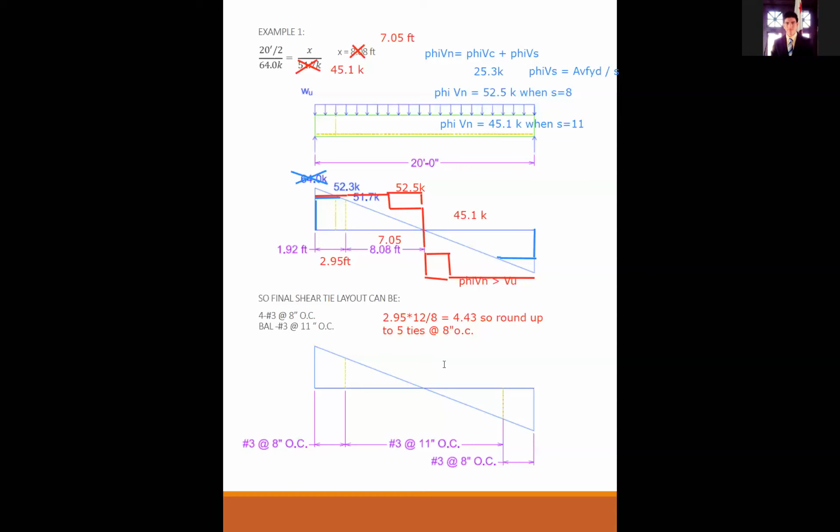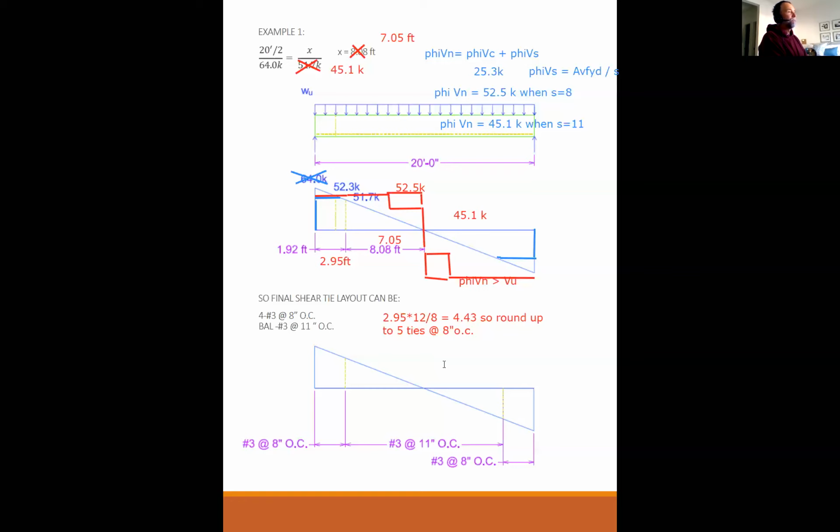Professor, just to be clear, originally you had calculated the 64 kips at the reactions, and then you used the design shear capacity, which was the 52.3, correct? No. What I did was I calculated the reaction at 64 kips, and then I used similar triangles to calculate what is the shear at a distance of d from the end of the beam.